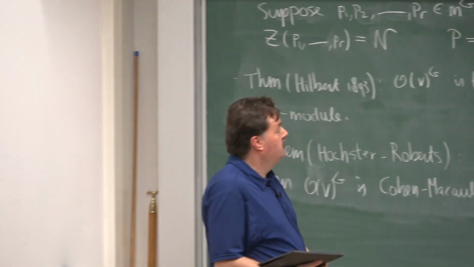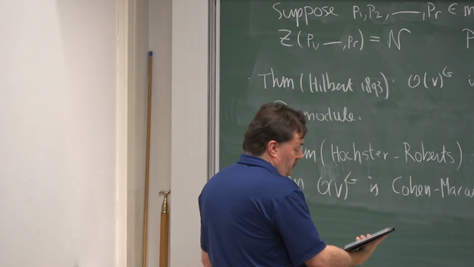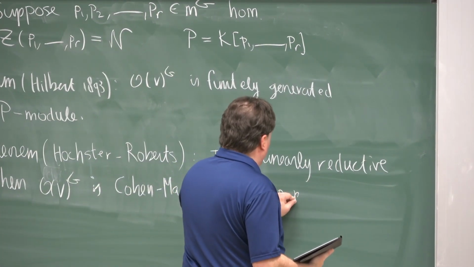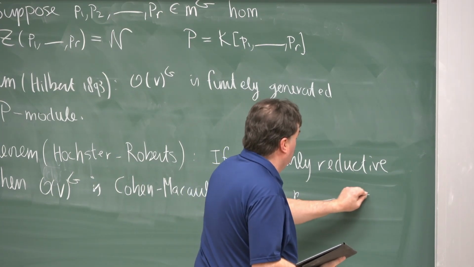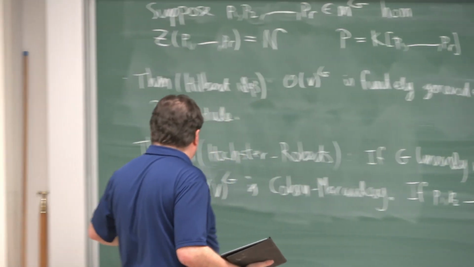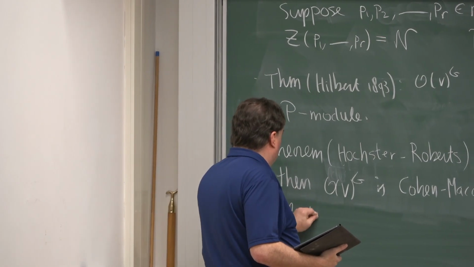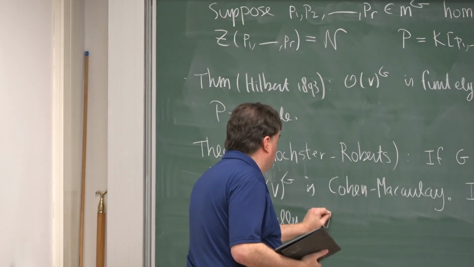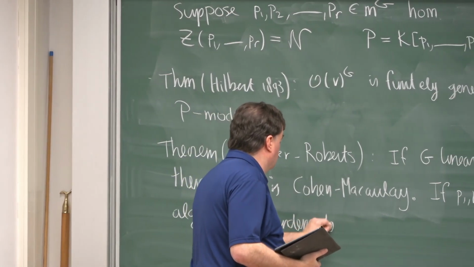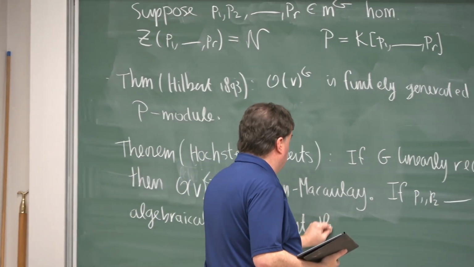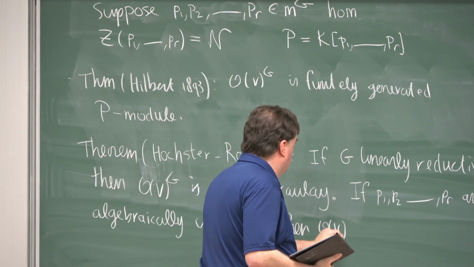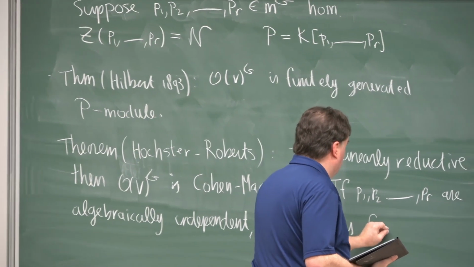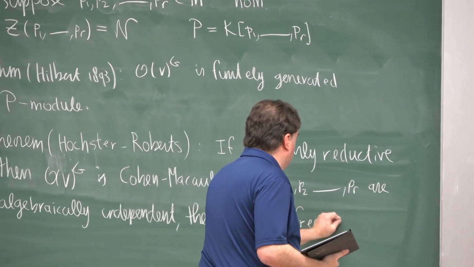consequence to that. Namely, it means the following, that if P1, P2 up to PR are algebraically independent, then the invariant ring is a free P module.